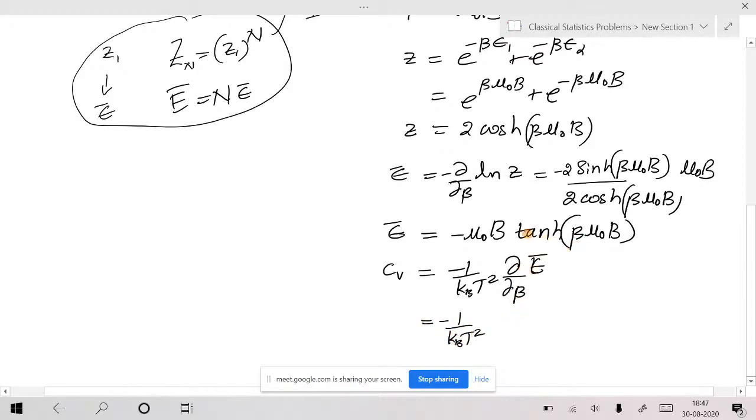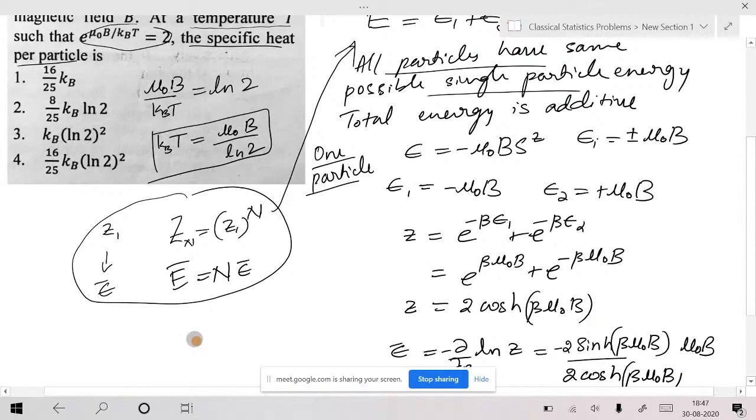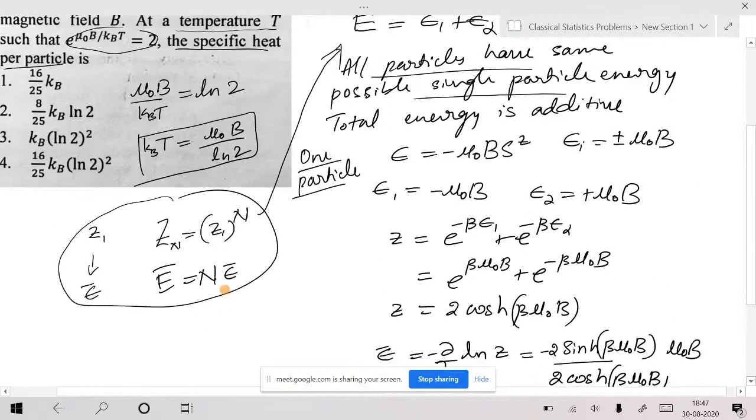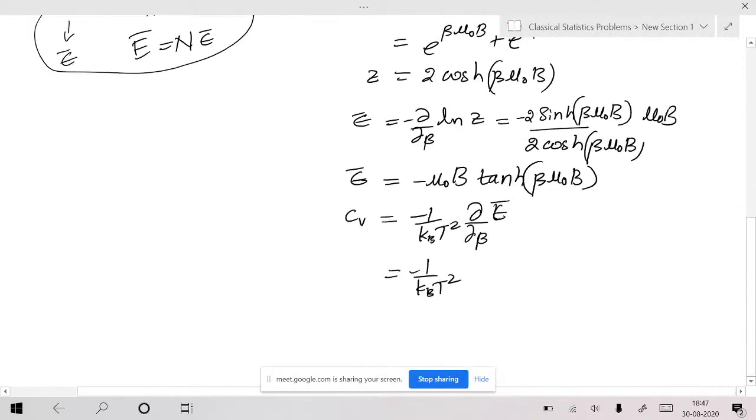That's equal to minus 1 by kBT square. What is the beta derivative of this one? The tanh derivative is sech square, am I right? Into one more mu naught B is there. Wait a second. Minus 1 by kBT square. We have to substitute that kBT later.